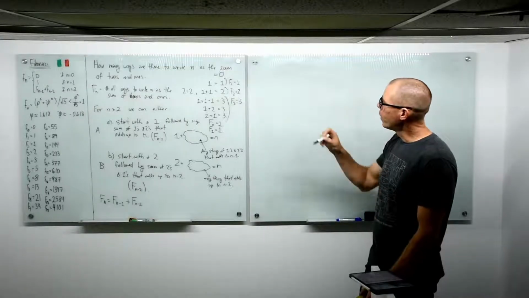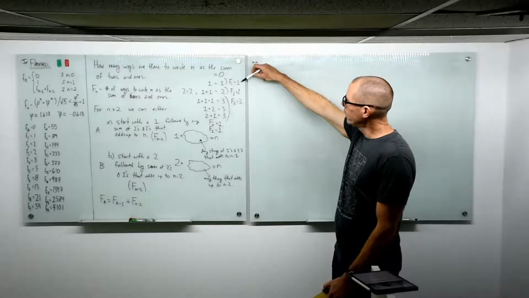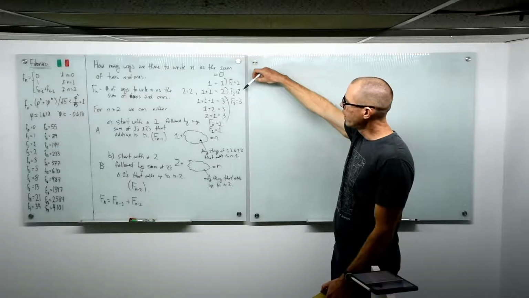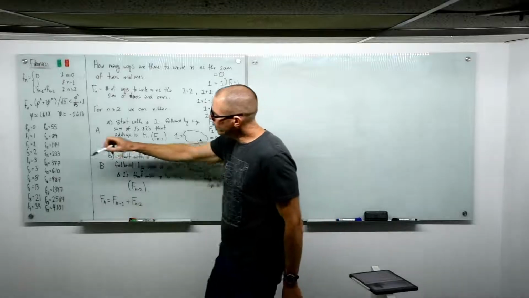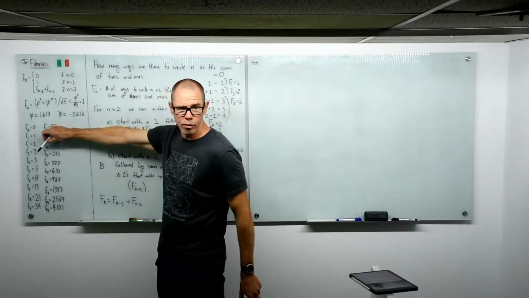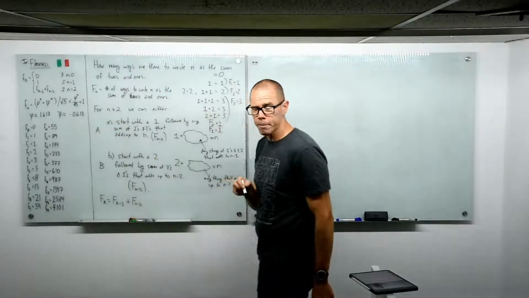So f of 1 equals 1, f of 2 equals 2, but in the Fibonacci recurrence you don't get to 2 until f of 3.